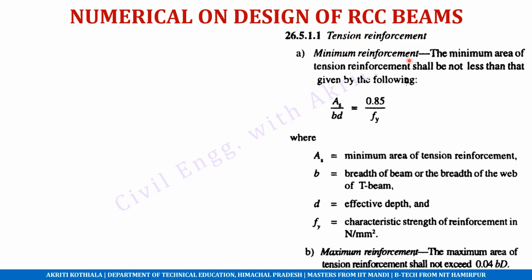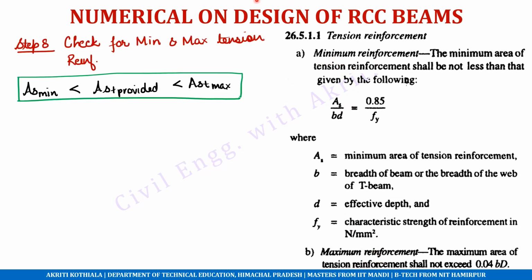we have to calculate the minimum reinforcement and the maximum reinforcement and check whether the provided reinforcement falls within the minimum and maximum value. So we need AST minimum to be less than AST provided, and AST provided to be less than AST maximum.